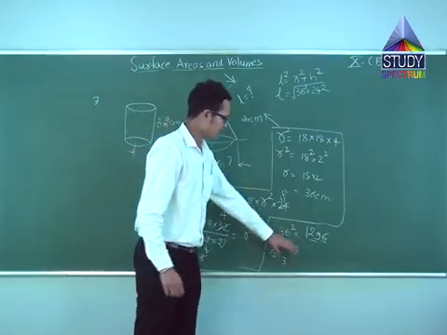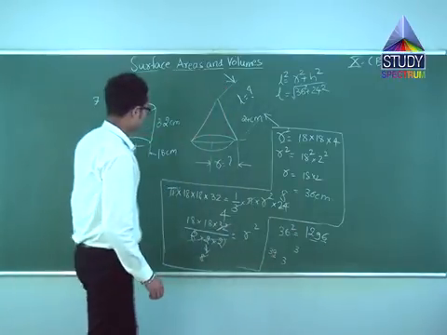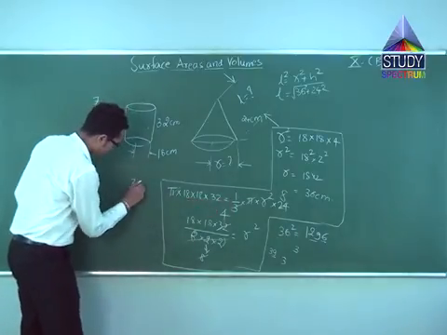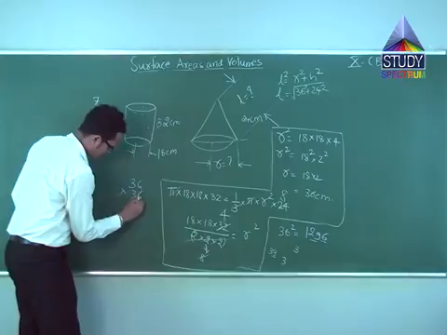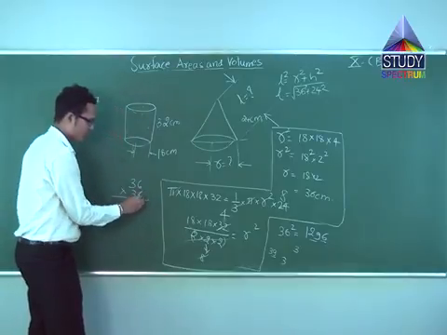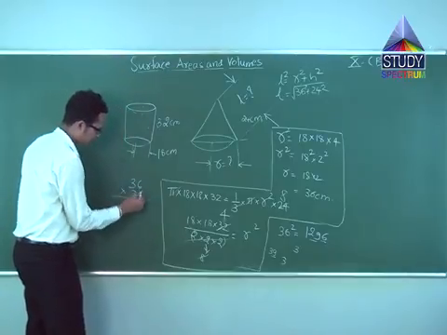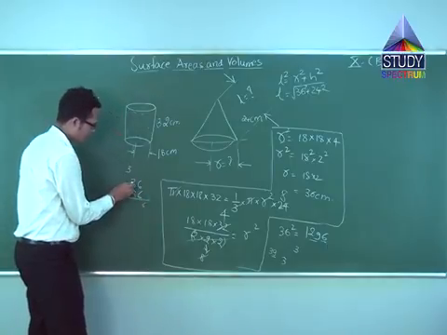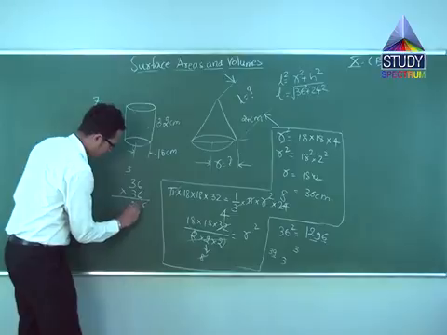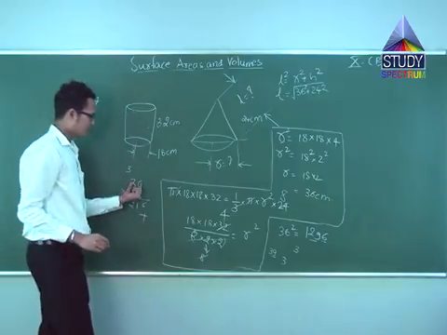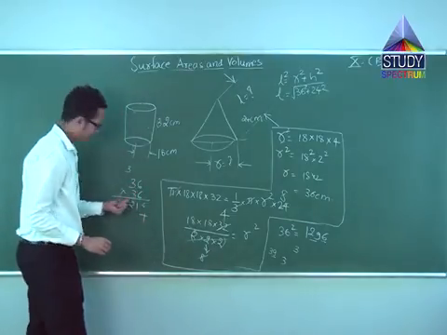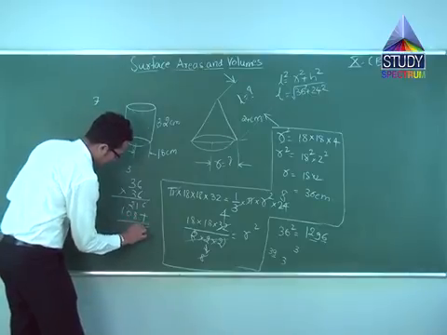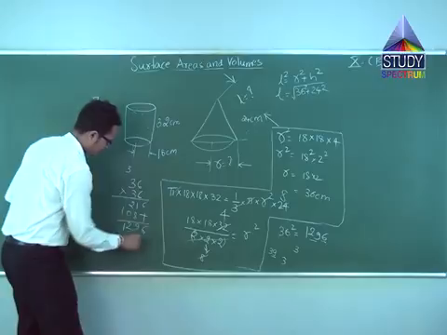Since this is a new method for you, I'll just confirm it. 36 times 6: 6 times 6 is 36, 6 carry forward 3. 6 into 3 is 18 plus 3 is 21. Plus 36 times 3 is 108. So 6, 9, 2, 1.